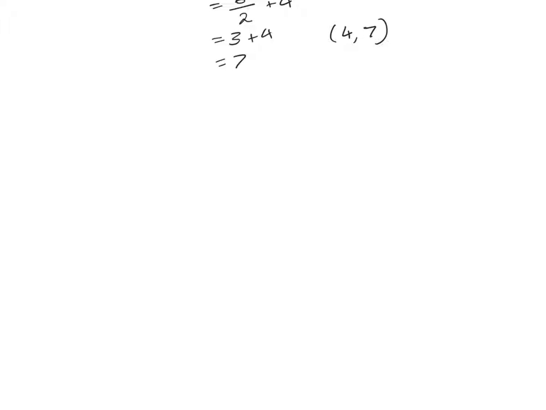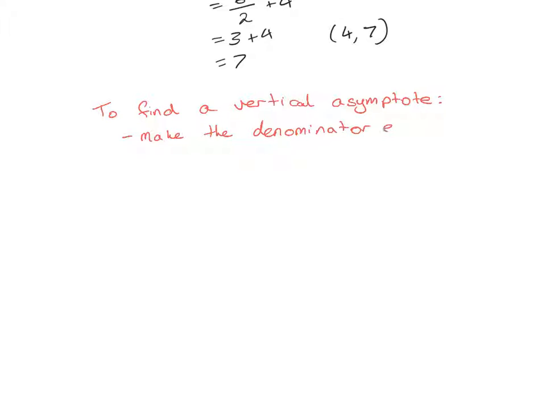So, to find a vertical asymptote, that's when the denominator equals 0. So make the denominator equal 0.